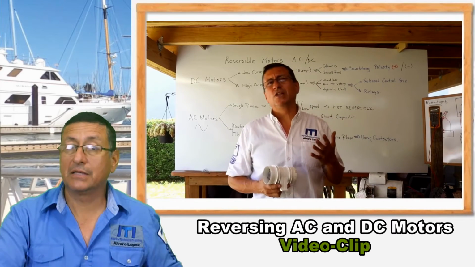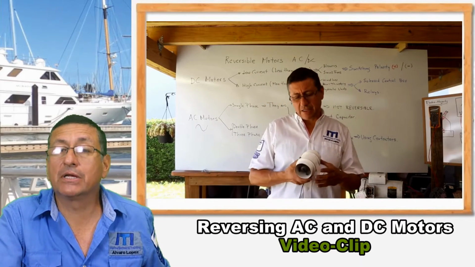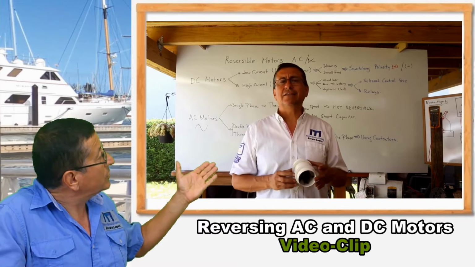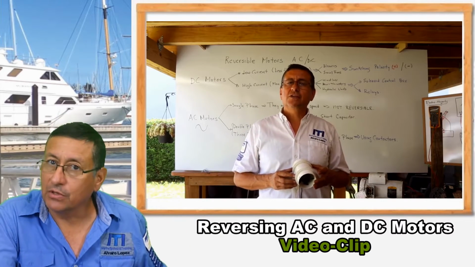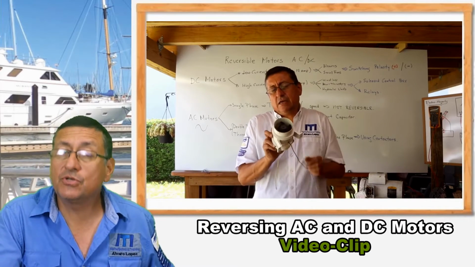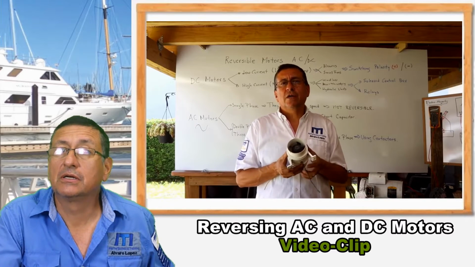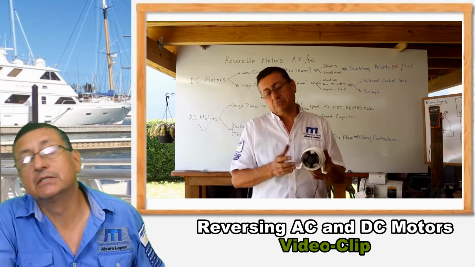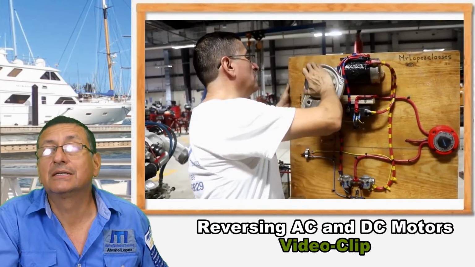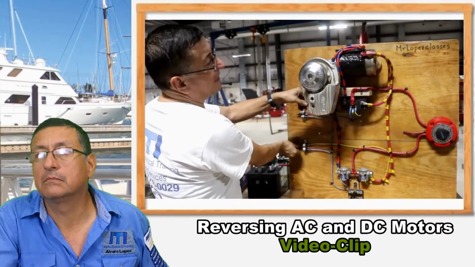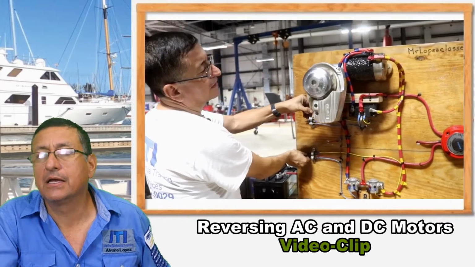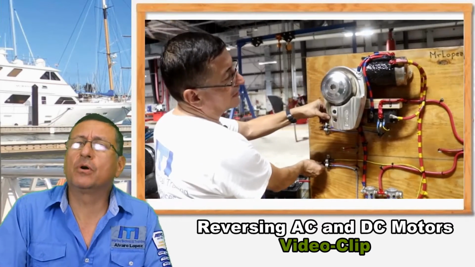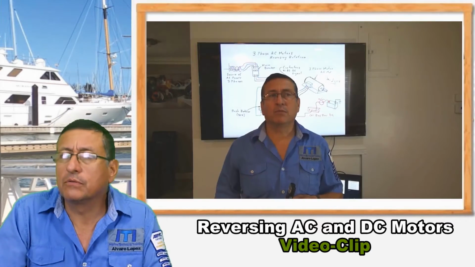You remember the explanation that I gave about the reversible DC motors? Wonderful. Try to check with your instructors the reversible situation, for example, in bow thrusters and in DC windlass. Okay? Try to check if you have a reversible AC motor in your boat.